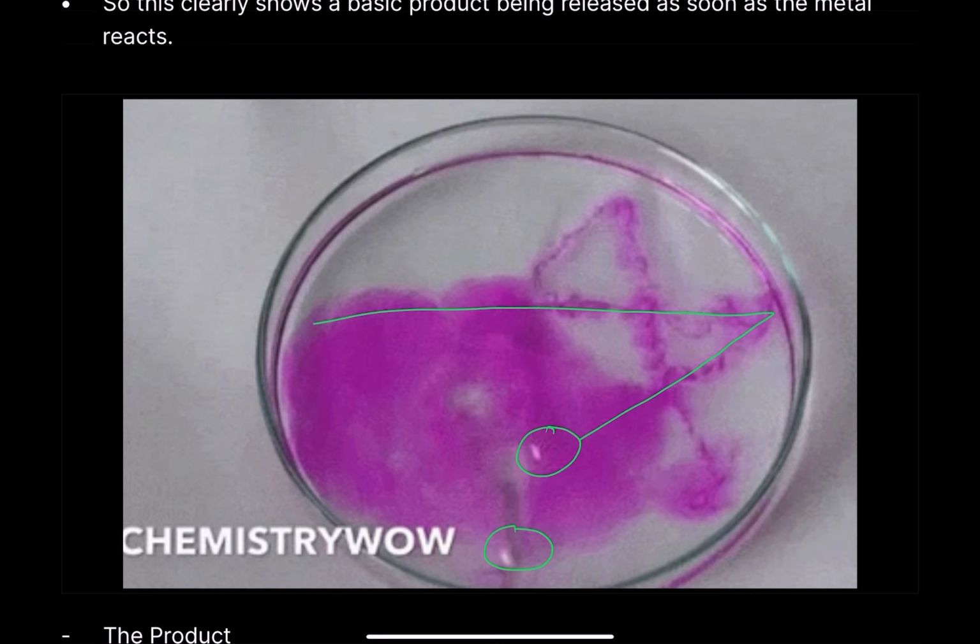Probably went like that. The point being is that you can clearly see from here, it's probably this one right here, wasn't it? It's causing the color change as it's fizzing around, showing that we're forming our sodium hydroxide here.